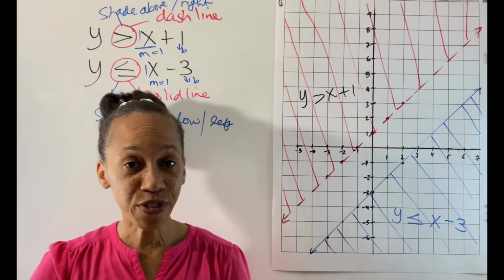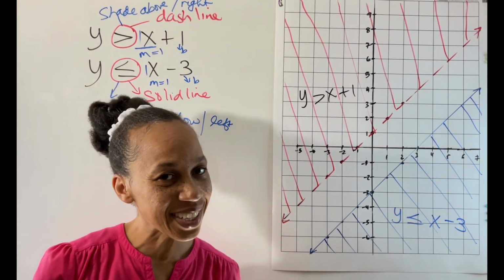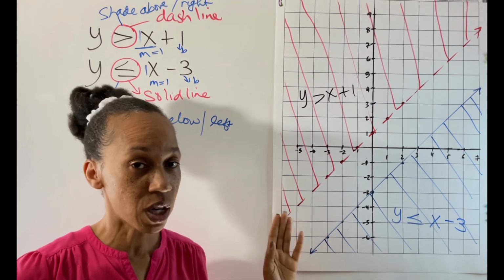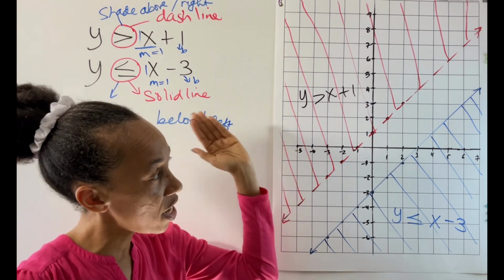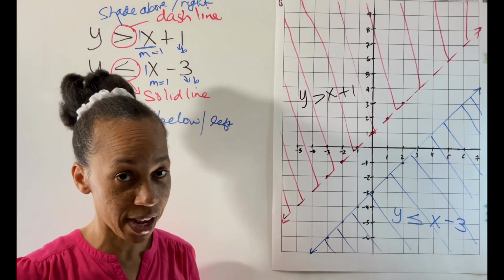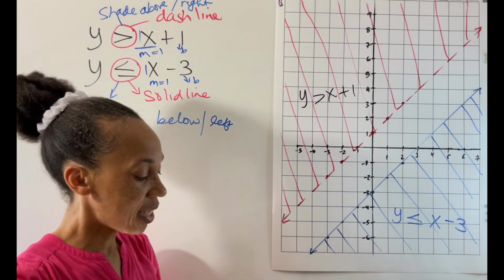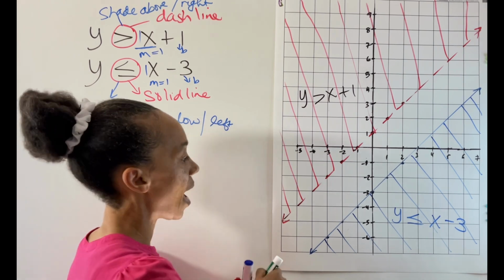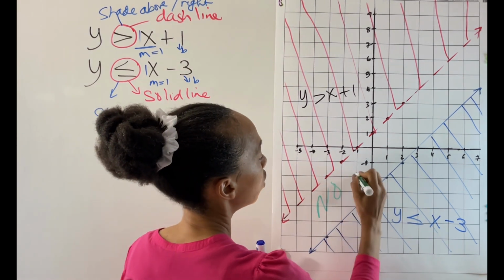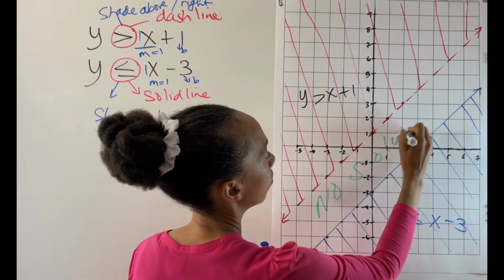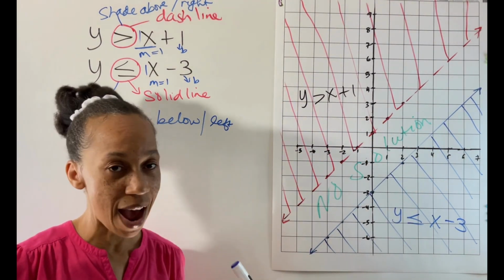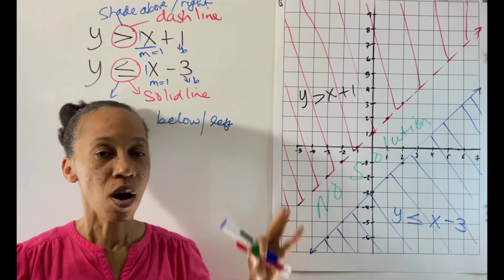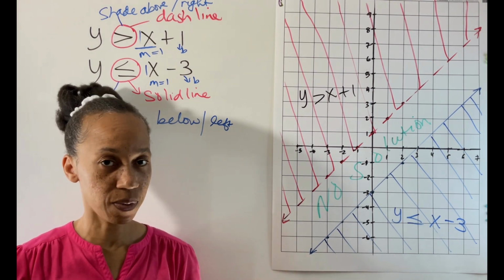Now, after you've done that, what do you notice? Looking at this, you can come to the conclusion that there is no overlapping shaded region because all the shaded regions are going in the opposite direction. Therefore, this is a situation where you simply have no solution, because there is no point on this graph that is going to satisfy both inequalities.